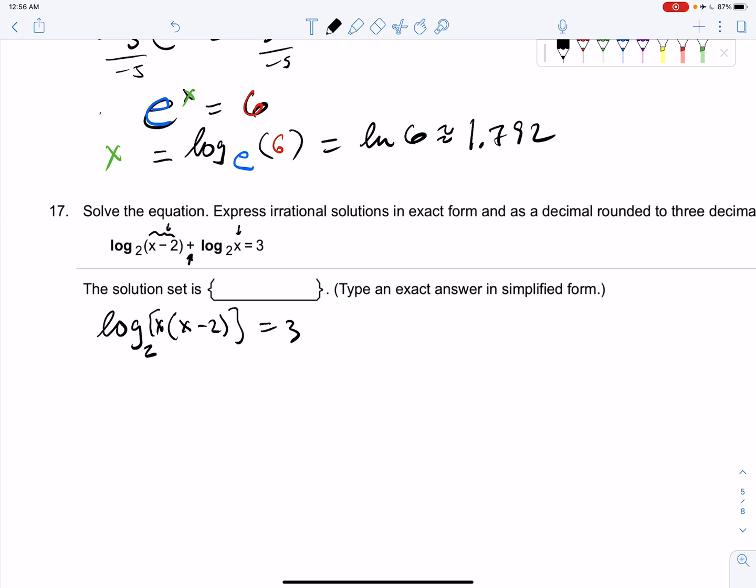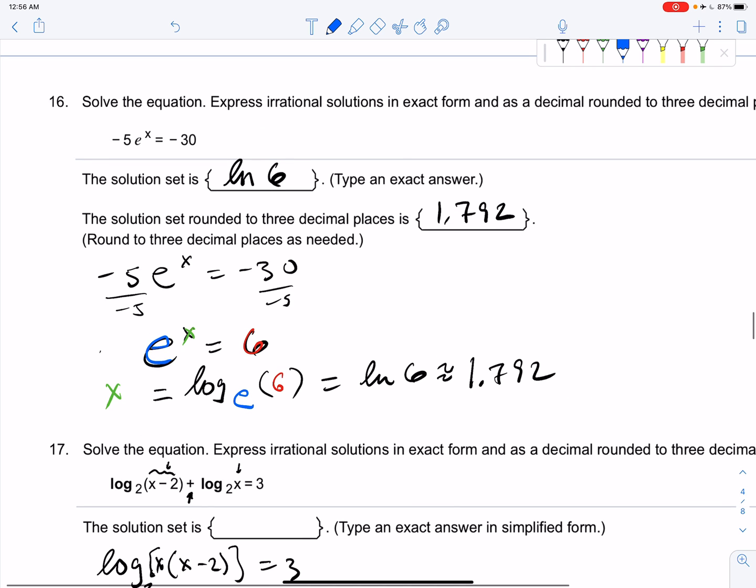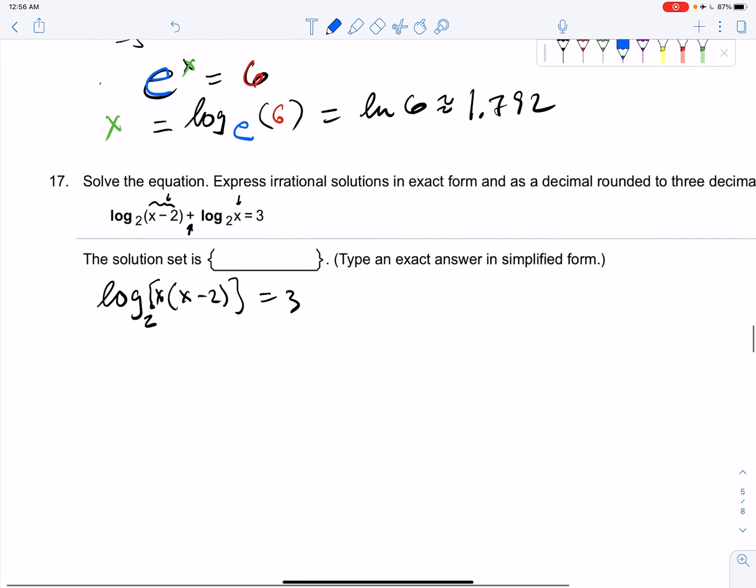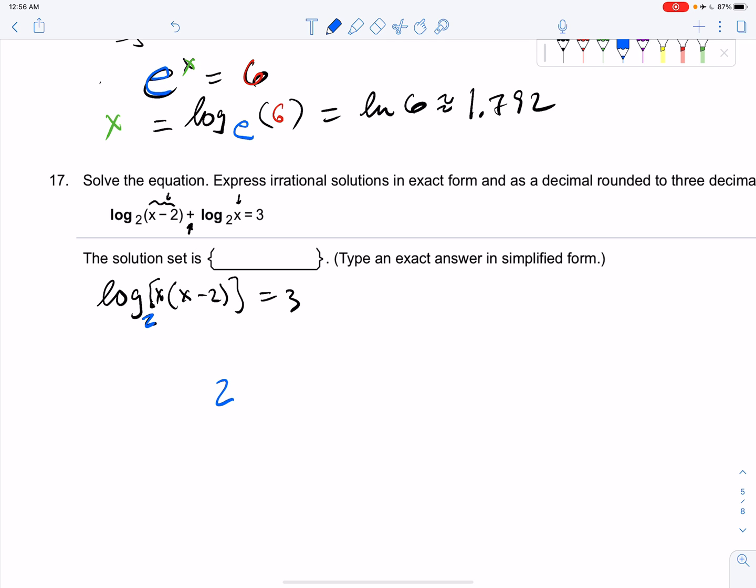Okay, so now we have a log, and we're trying to figure out the argument. In this case, it's better to rewrite it as an exponent. So I can use my definition of a log to rewrite it as an exponent going the other direction, right? Back over here, we had exponents and we changed them to logs. Now we've got logs, and we're going to change it to an exponent just because it's beneficial for us.